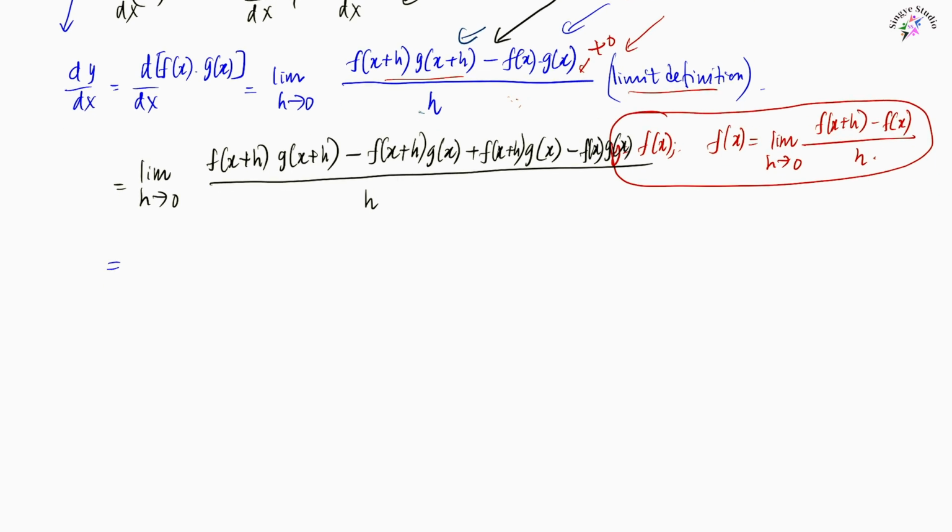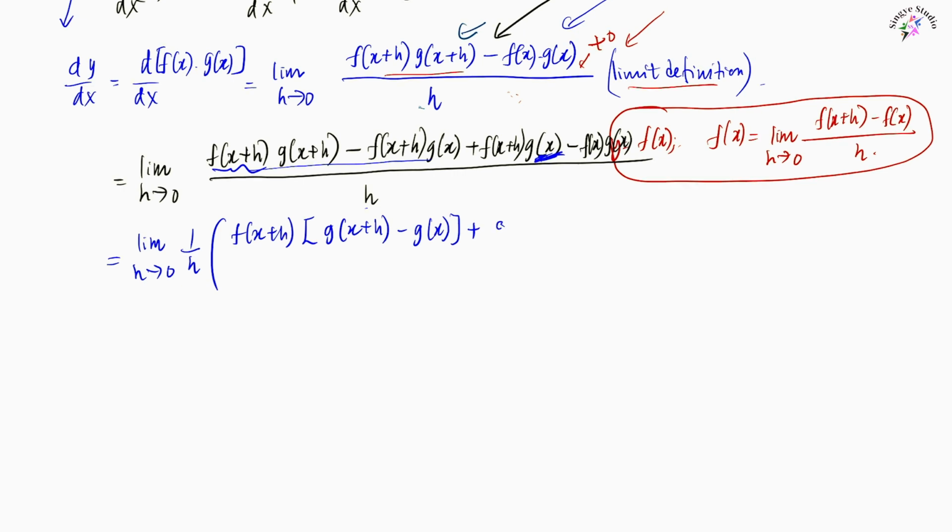So we can write the limit h approaches to 0 of 1 over h, times, taking f of x plus h as a common term, what is left is g of x plus h minus g of x, plus here g of x is a common term, and what is left is f of x plus h minus f of x, right?